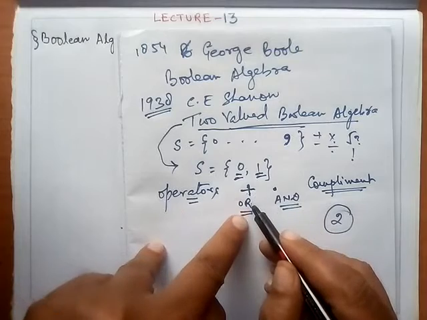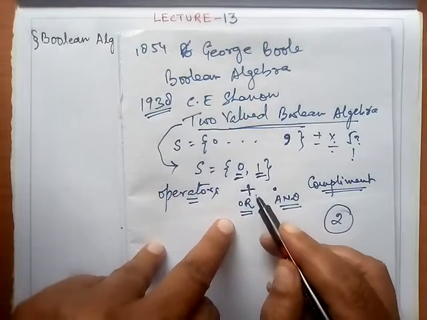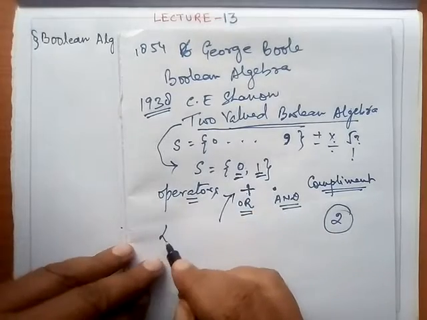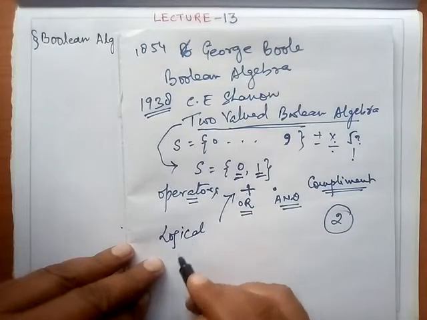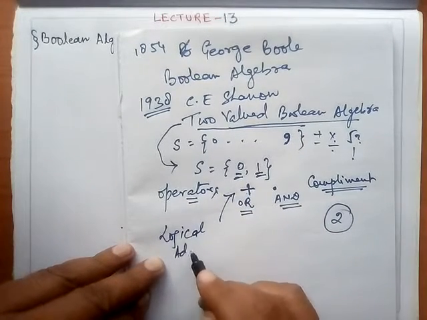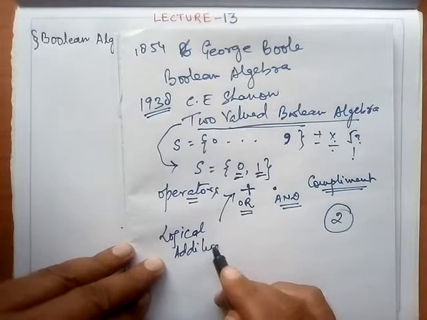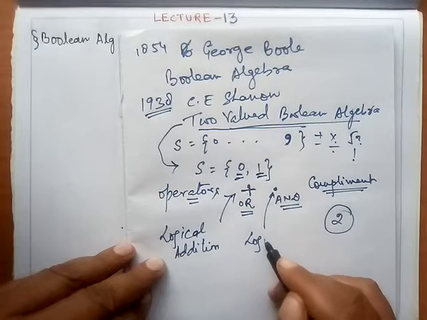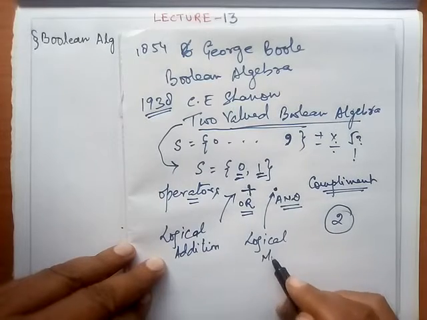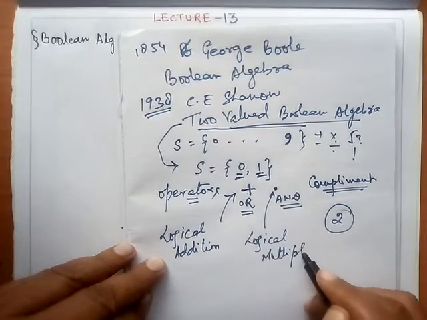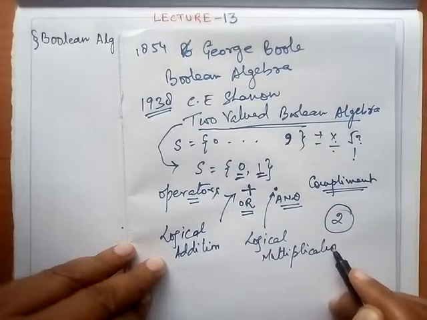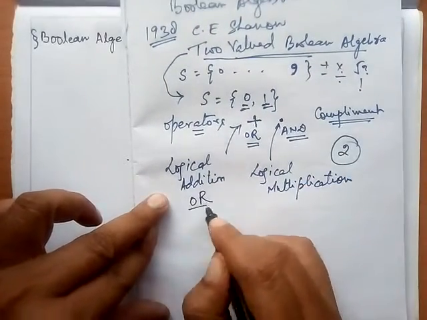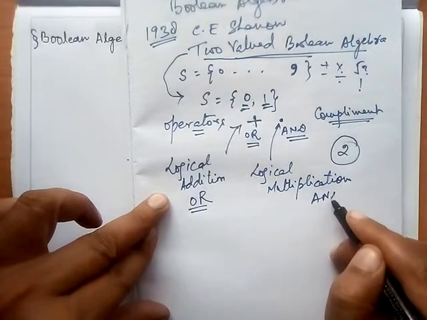This plus is called logical addition, not normal addition, and later on we'll discuss it as an OR operation. And this dot is called logical multiplication, or the AND operation.